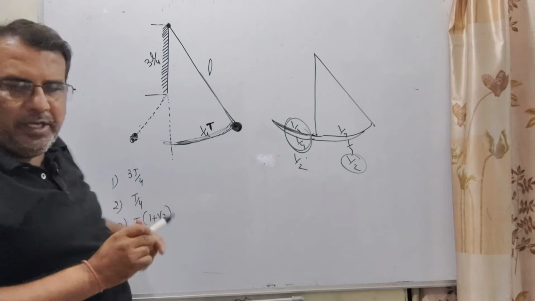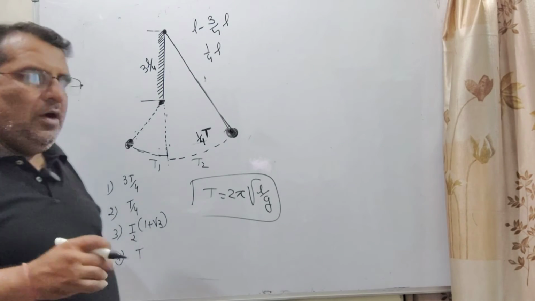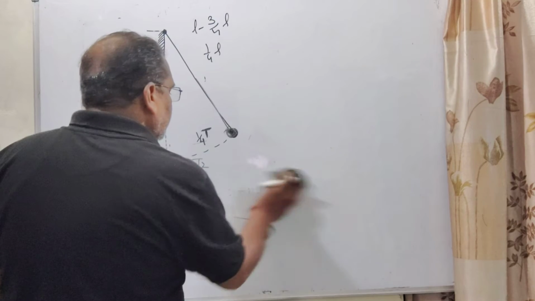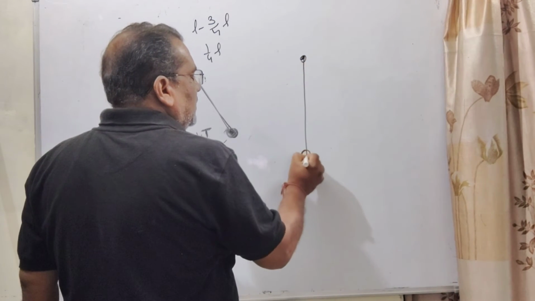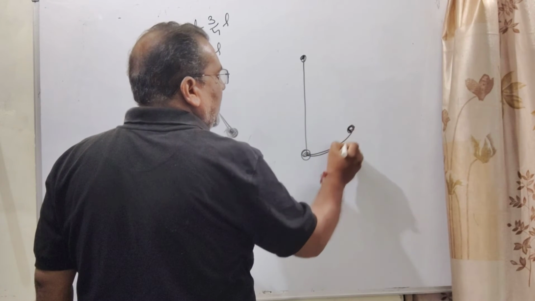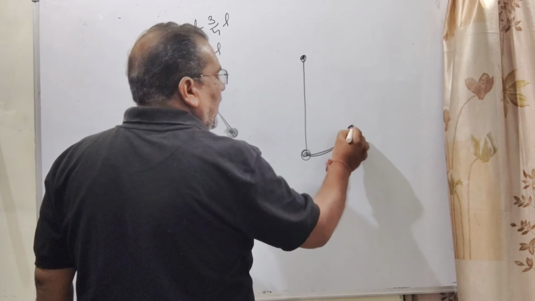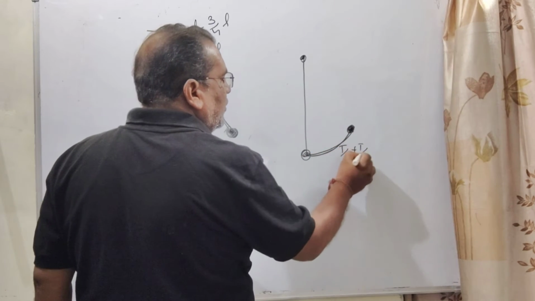Now I repeat it again. When the pendulum goes from mean position to extreme position, the time taken is T by 4, and from extreme position to mean position again T by 4.